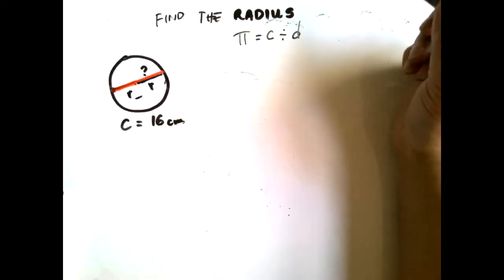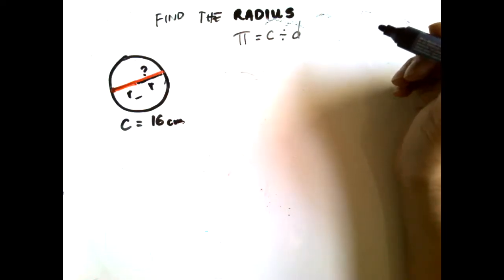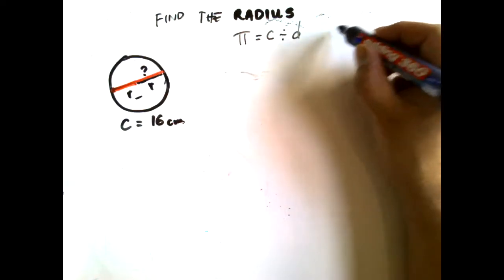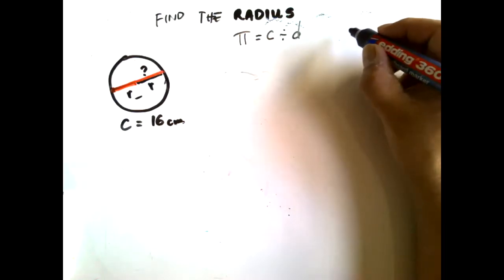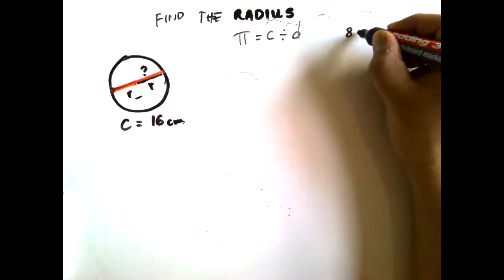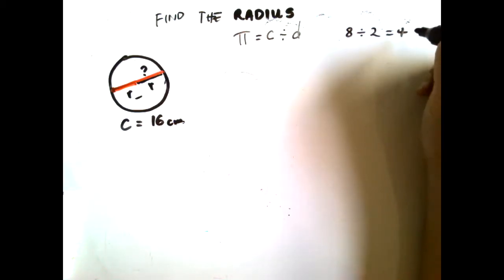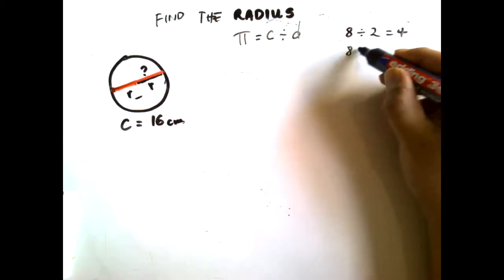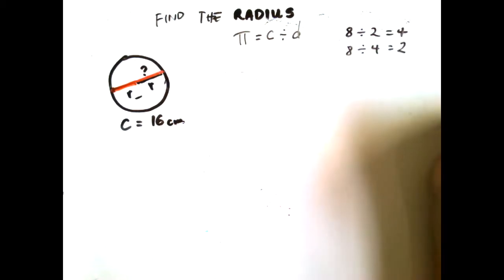And of course, we know from our elementary geometry that if we do 8 divided by 2, that makes 4. We could also say 8 divided by 4 makes 2, if we interchange that one.